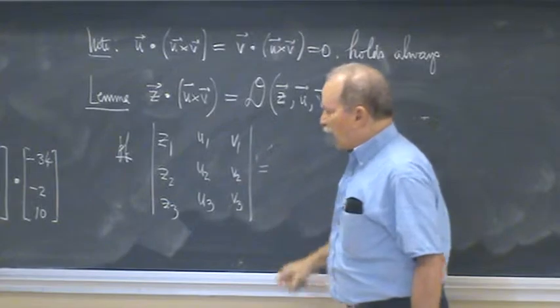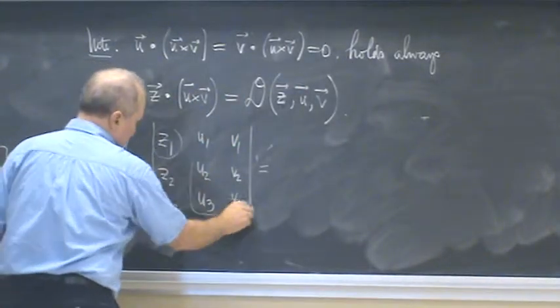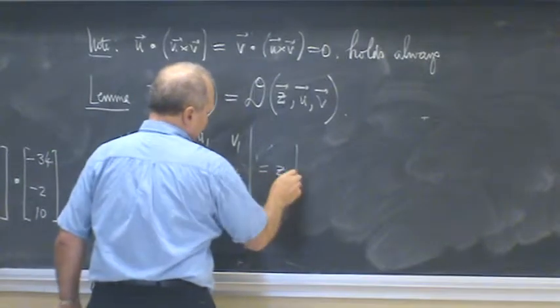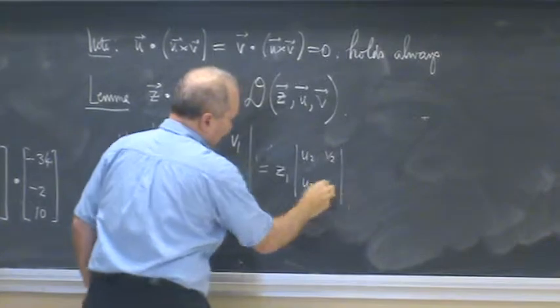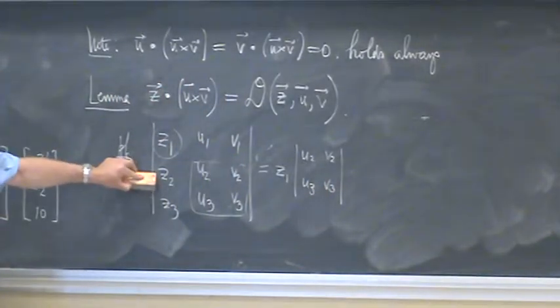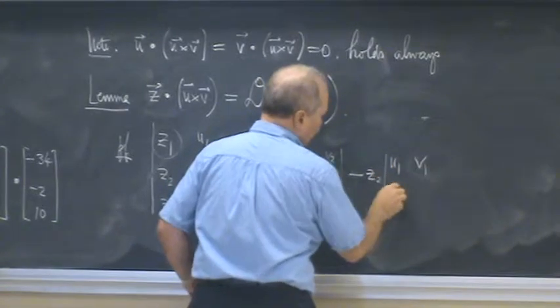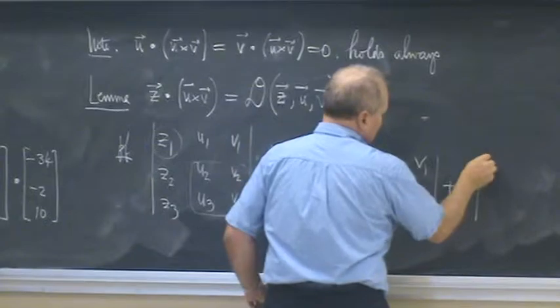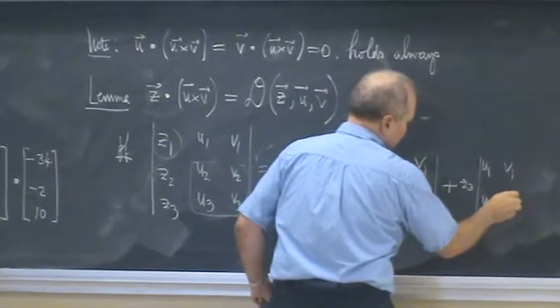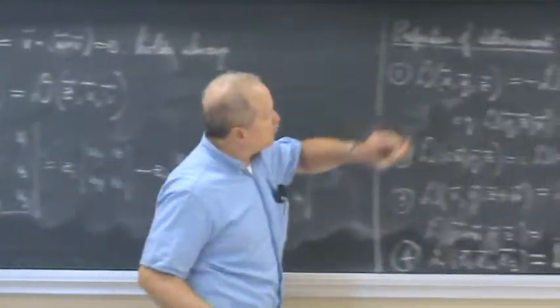By our definition of determinant, I would have the first component of z times this determinant, and then the second component of z times the other determinant with u1, v1, u3, v3, and then z3 times the determinant with u1, v1, u2, v2. How is this related to that cross product?